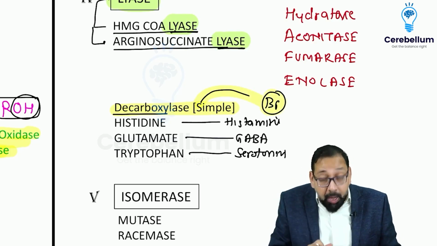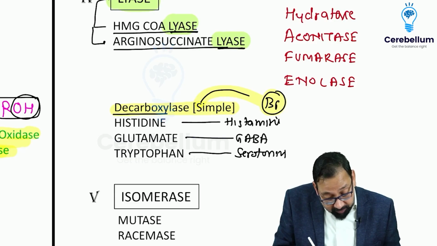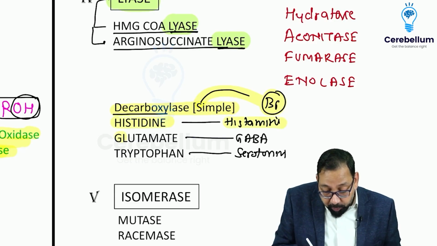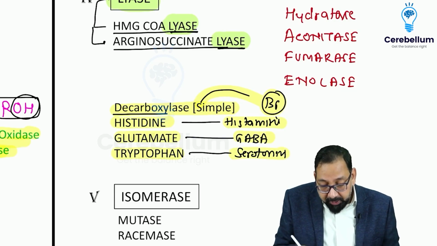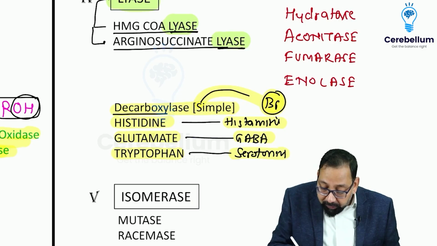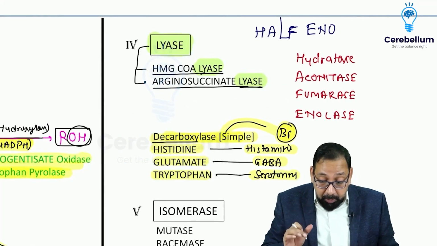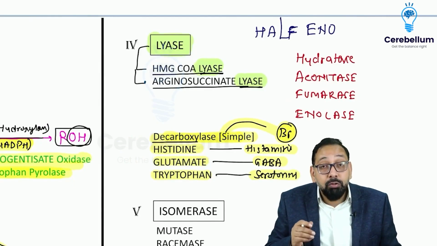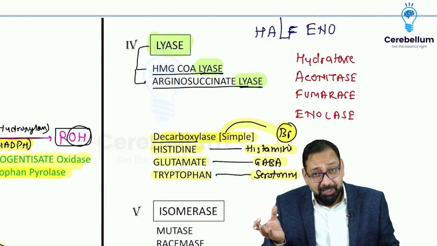We are talking about classification of enzymes, simple decarboxylation. Examples: histidine to histamine, glutamate to GABA, tryptophan to serotonin. These are simple decarboxylations, and all these decarboxylases are lyase. And one more example: your girlfriend was having acidity.